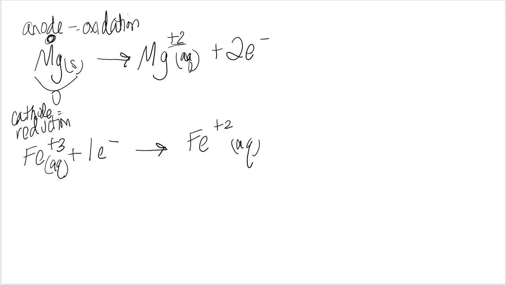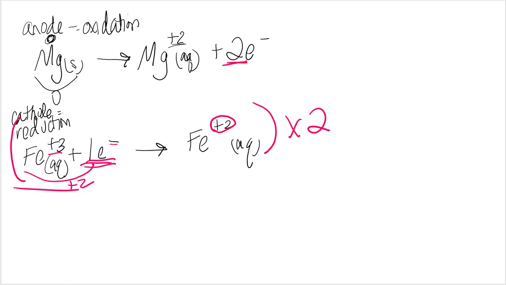Again, we can make sure that everything is charge equal. I've got +3 and a -1, so that'll give me +2, and over here I just have +2. Now we know when I go to combine these, because on the left I've got 1 electron, on the right I have 2, that everything in my reduction half reaction we would need to multiply by 2.